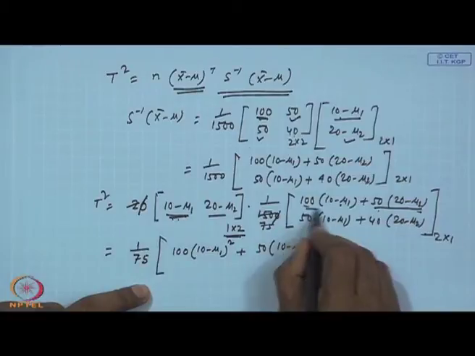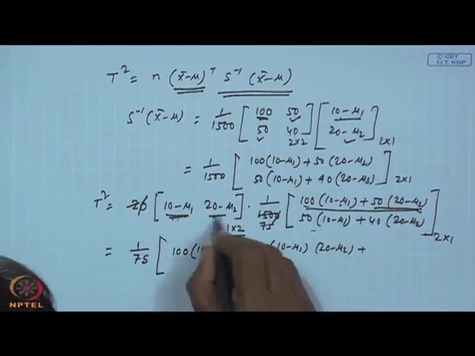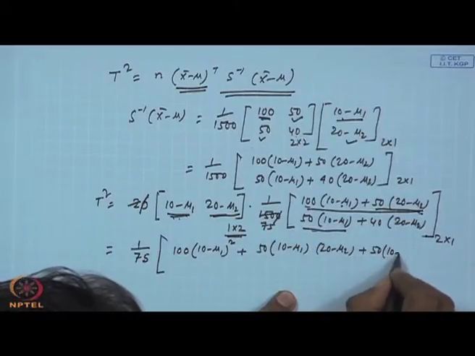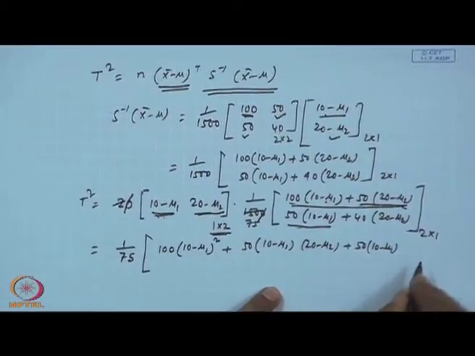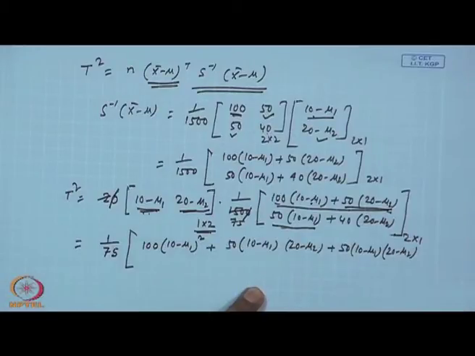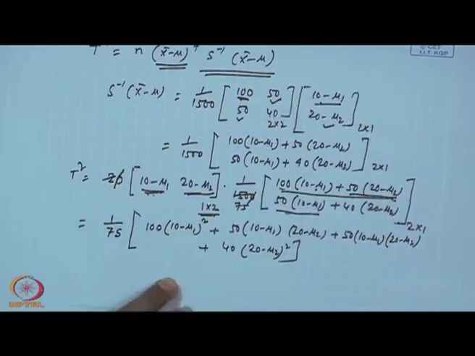Then plus (20 minus mu 2) into 50 into (10 minus mu 1), and you will get 40 into (20 minus mu 2) square.